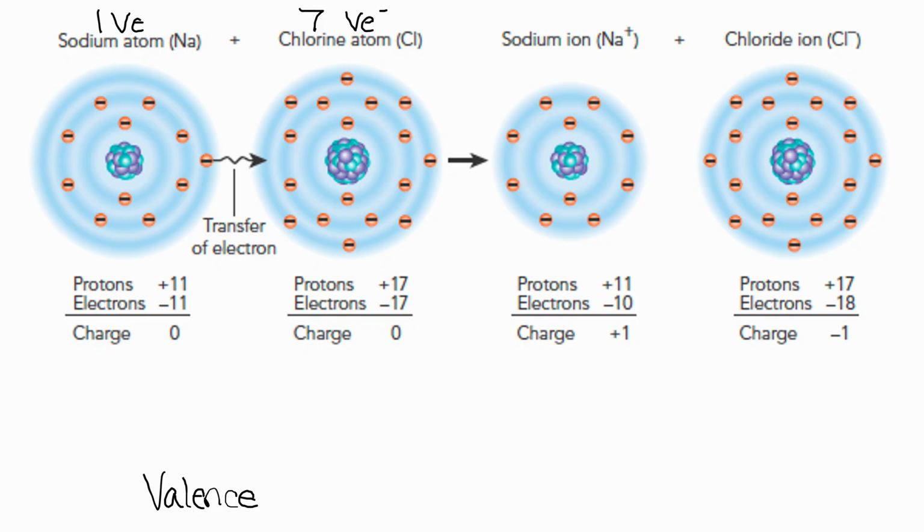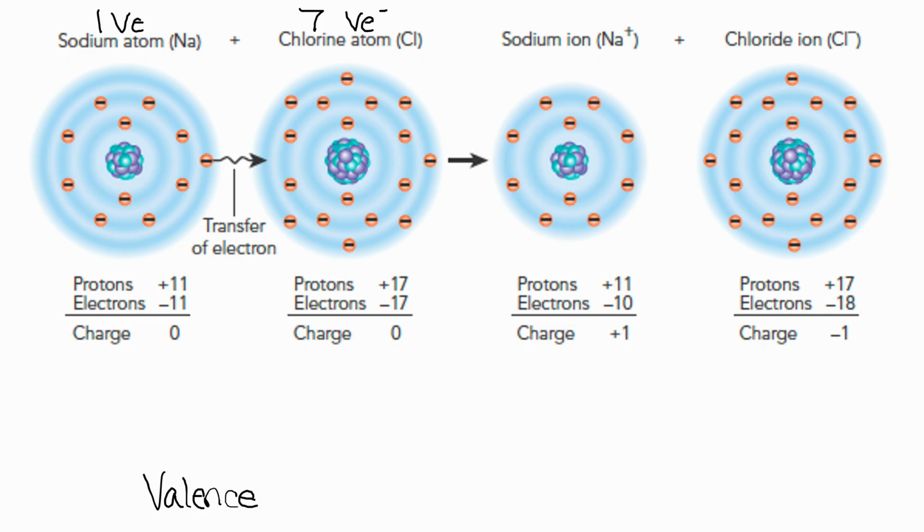So that electron from sodium is transferred to chlorine. Now the outer shell of sodium is filled and the outer shell of chlorine is filled. But what does that do? By losing that electron, sodium becomes more positive. And by gaining the electron in the outer shell, we now have 18, and chlorine becomes more negative.